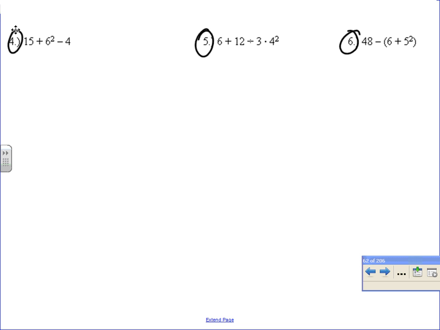Okay? So 4, 5, and 6, and then put your pencil down when you're done. I'm going to come around and check mark you. Is that a 45?